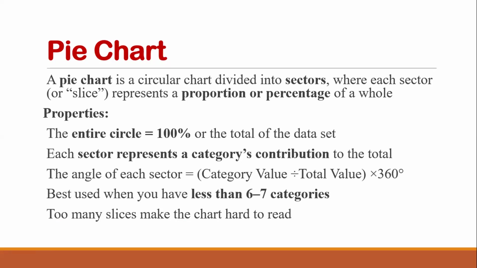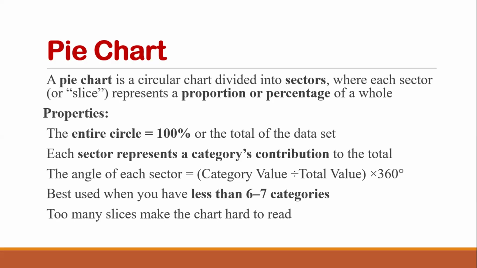Each sector represents a category's contribution to the total. The angle of each sector is the category value divided by total value times 360 degrees. Then best used when you have less than 6 to 7 categories.